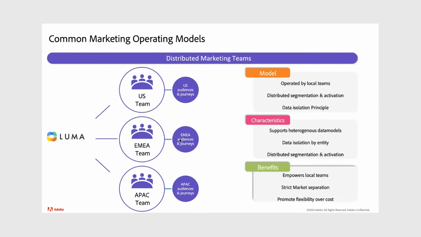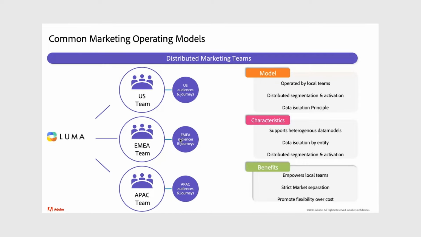And here, if we still take the example of Luma, we have local teams, such as the team in the US or a team in EMEA or in APAC that address their customer base. So the segmentation and the activation is distributed over those three teams. And the principle that prevails here is data isolation, which means we don't want to share any kind of data between the US partition and the EMEA one.